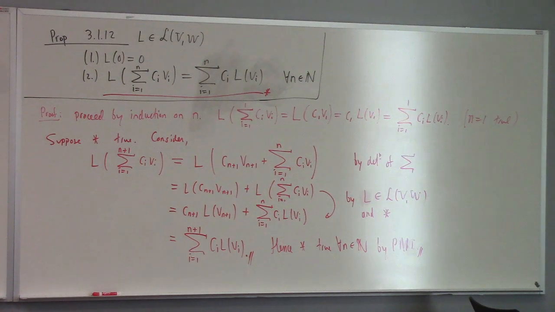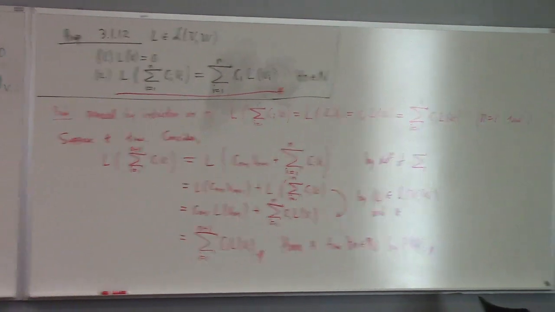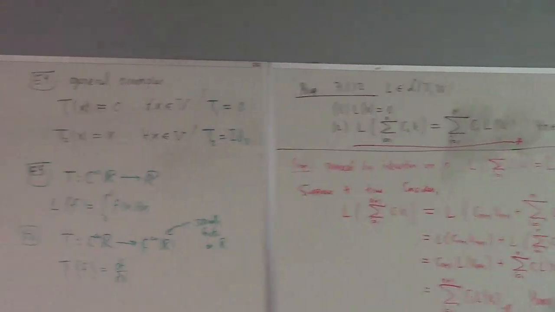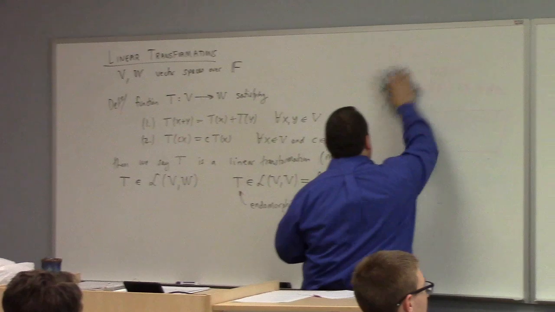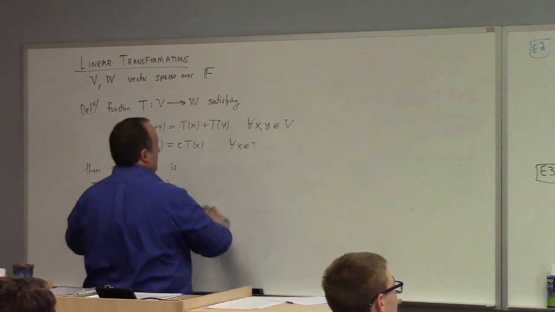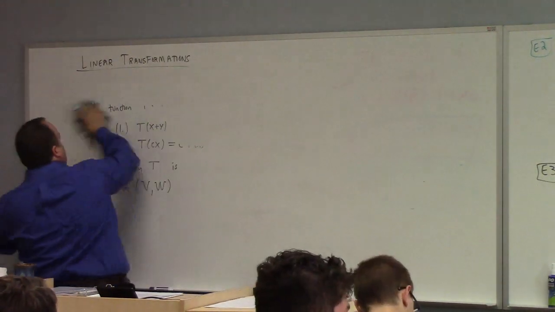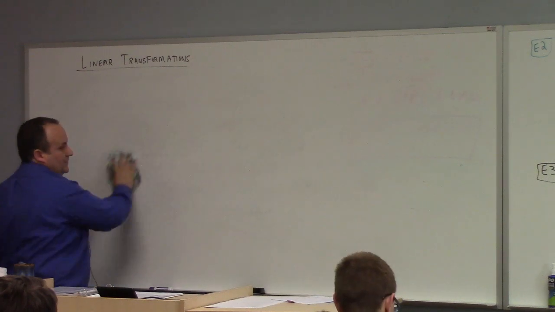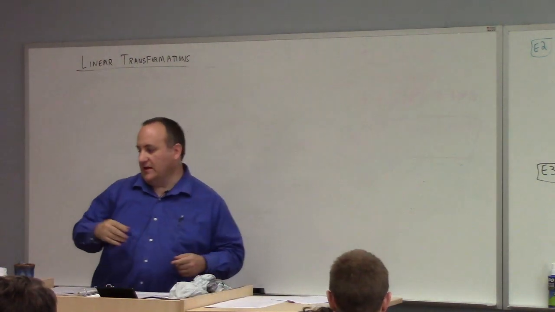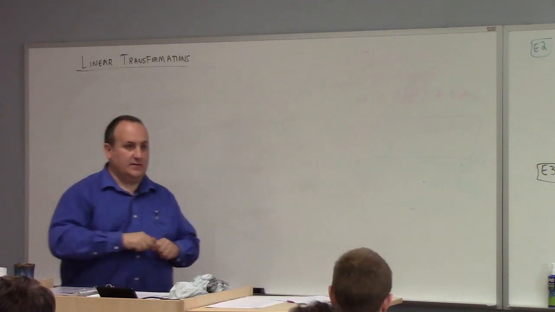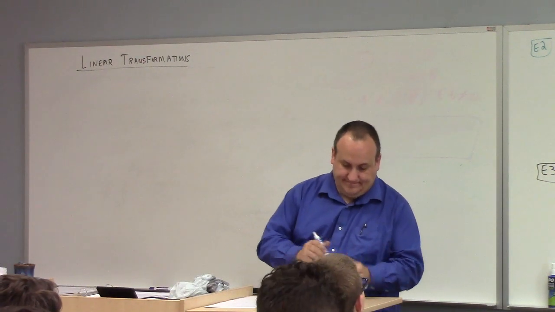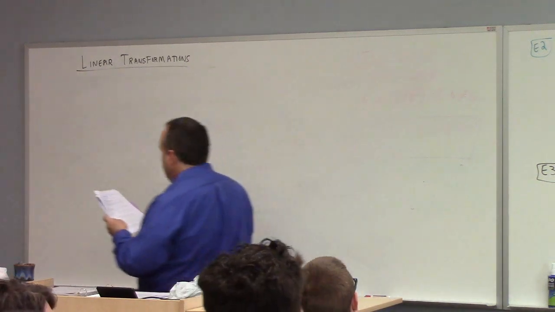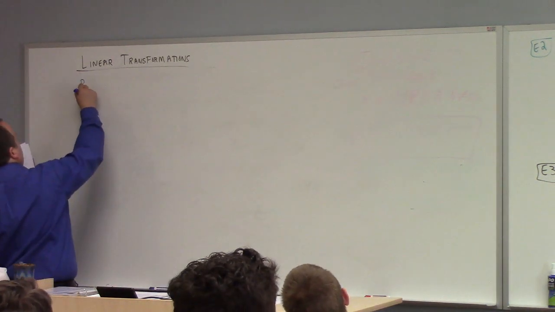Proposition next. Let me erase some of this here. Suppose you have a linearly dependent set. What do you think a linear transformation does to a linearly dependent set? Proposition.